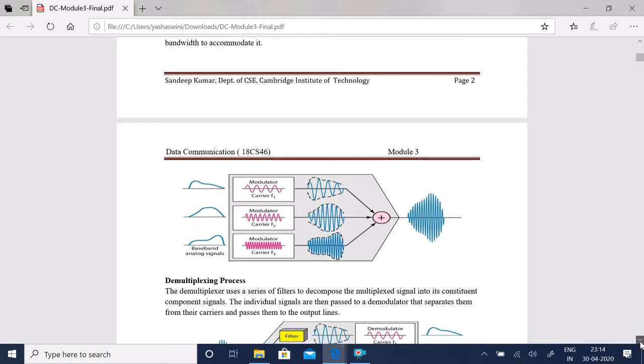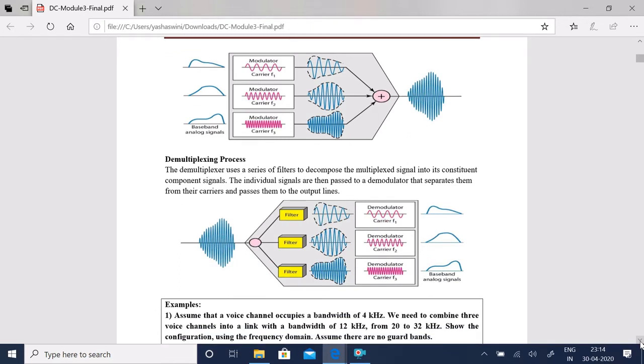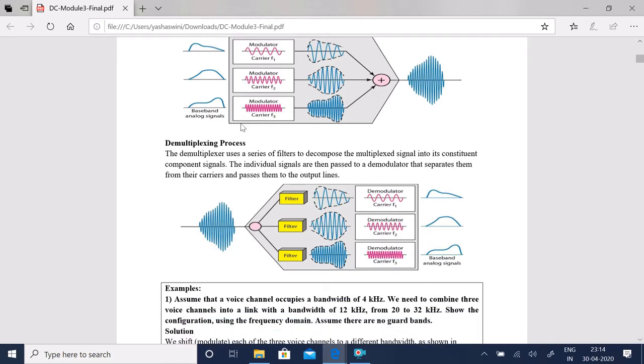We'll see what happens at the receiver end. At the receiver end, the demultiplexing process happens where a series of filters is used to filter the data from the composite signal back to its corresponding analog signals. Then it is passed into a demodulator to get back the baseband analog signals. So this is the process.